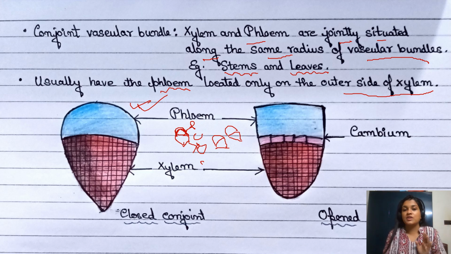Now, since cambium is present between phloem and xylem, this is open conjoint. And since cambium is not present here, phloem and xylem are just attached to each other. So these are closed conjoint.